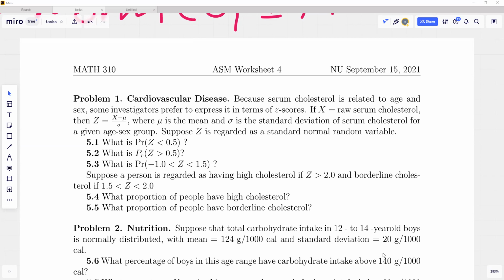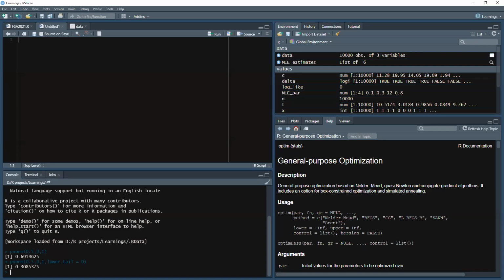So Z is greater than 2. Let's, for instance, use R this time. pnorm, Z should be greater than 2, mean of 0, standard deviation of 1, and which value should I select for lower tail if we need to calculate Z greater than 2?